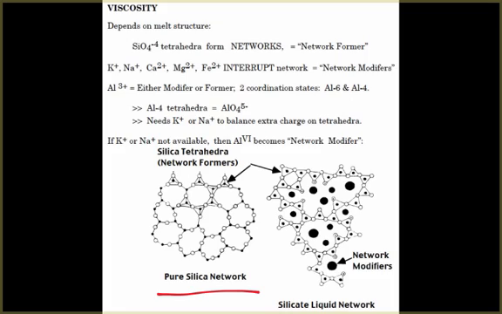And the silica tetrahedra bond and form structures that resist flow, whereas more modifiers like potassium, sodium, calcium, magnesium, and iron fill in some of the spaces between the silica tetrahedra and allow a more open structure and reduce the viscosity and allow a lava or magma to flow more easily.